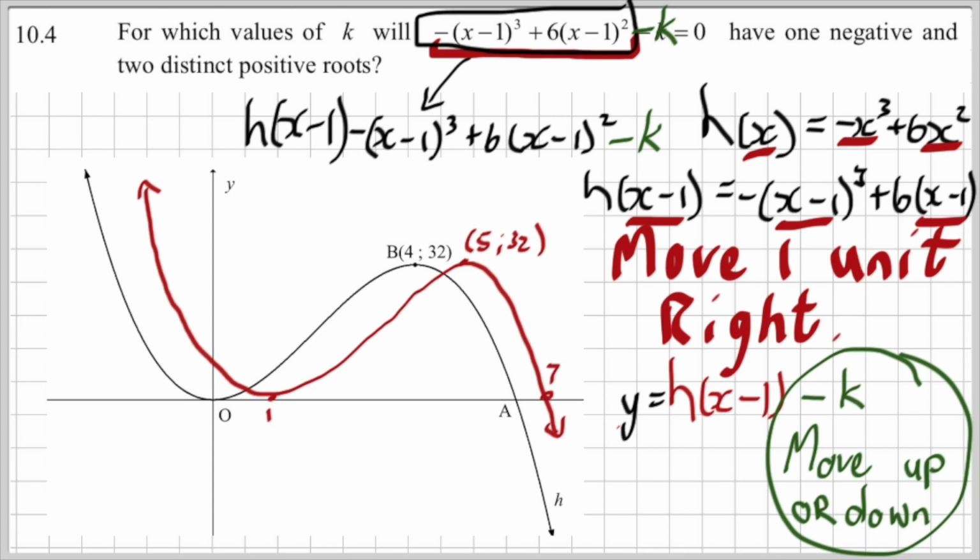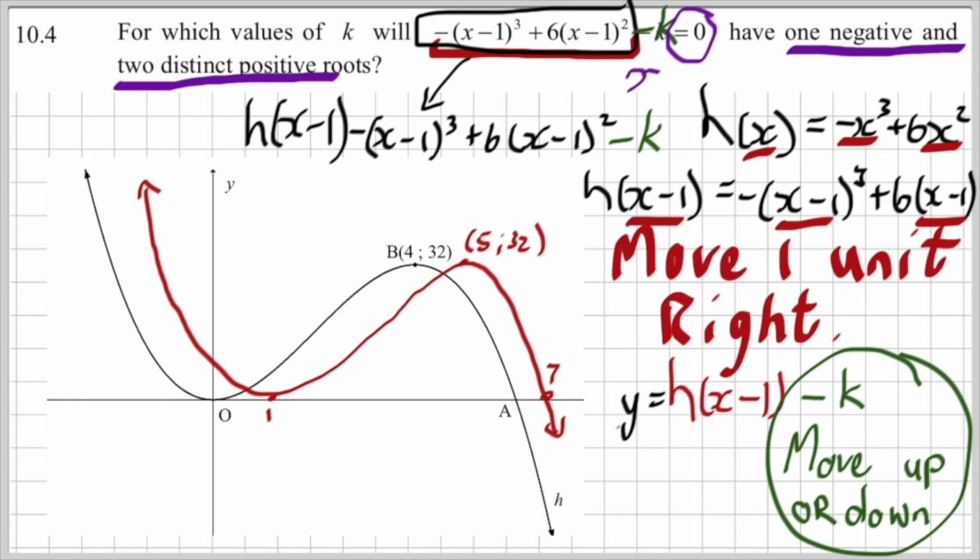So the question is actually, for which values of k will I take that red graph, move it up or down, so that I have 1 negative and 2 distinct, which means different, positive roots. But that root actually means where y is equal to 0.